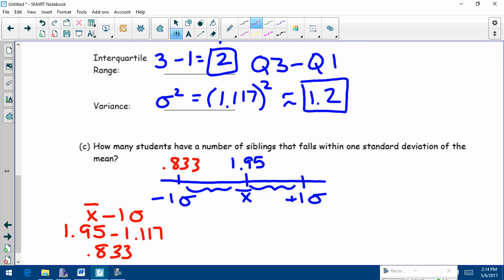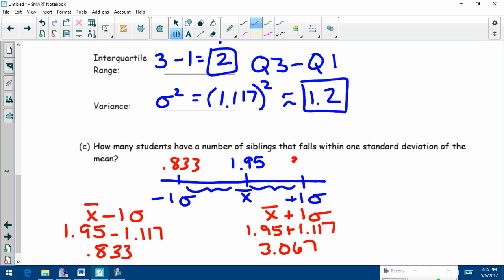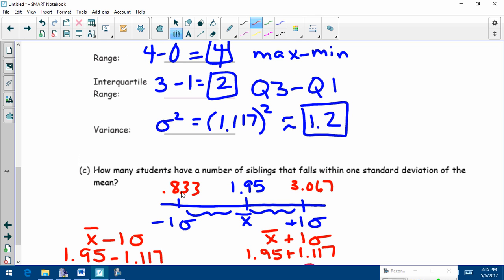And for one standard deviation above, that would be the mean plus one standard deviation, so 1.95 plus 1.117. Let's see what that is. Oops, I missed a 1 there. 3.067. So we want to know how many students have a number of siblings within this range, between 0.8 and 3.07.